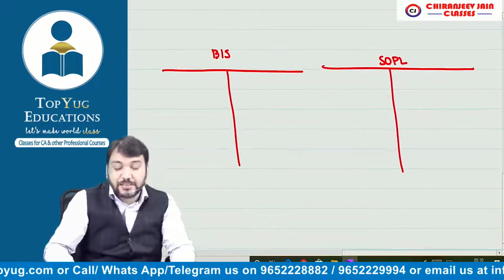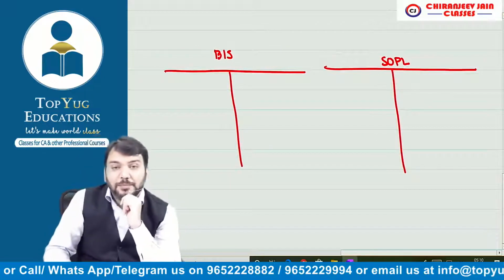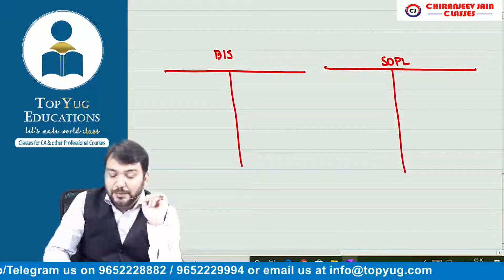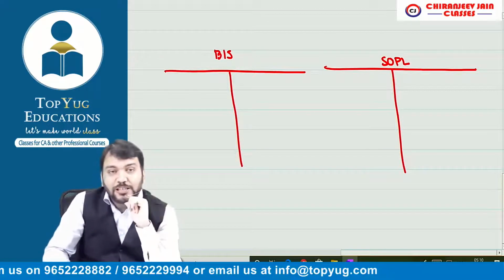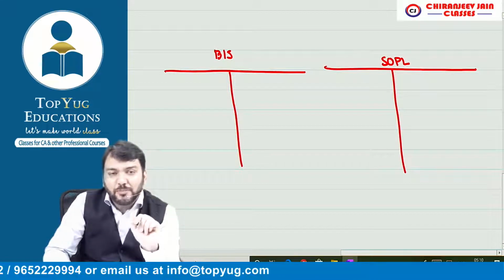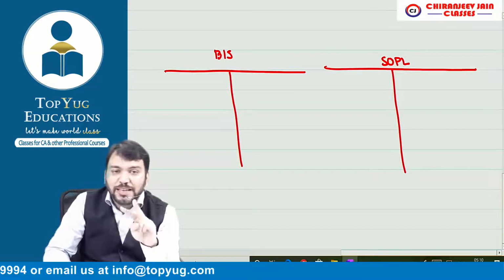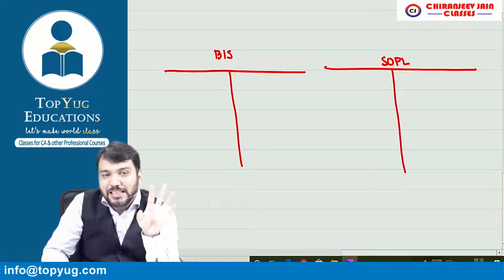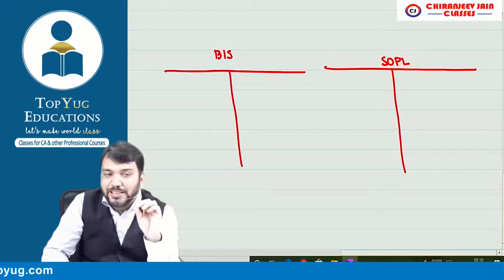When I say SOPL, it means statement of PL. And when I write BS, BS means balance sheet. Can I say this is the objective of preparing accounts? Correct? Right now we'll not discuss cash flow statement and notes to account because that is not in our syllabus. So whenever I say financial statement from the CA foundation point of view, we'll only discuss about what?